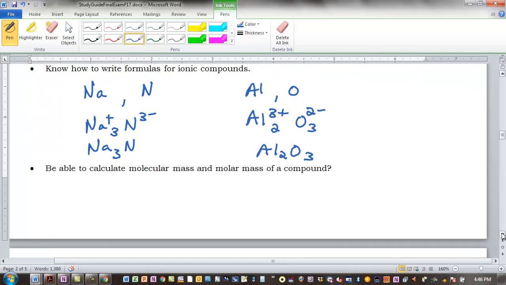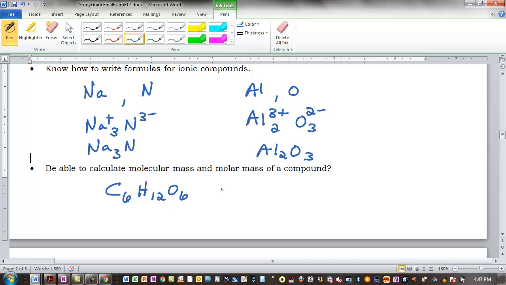Molar mass of a compound. Does that cause any issues? You just have to add them up. Again, I don't know why I have glucose on the brain. Maybe my blood sugar's low. For glucose, add up 6 carbons at 12.01 each, 12 hydrogens at 1.008, and 6 oxygens at 16.